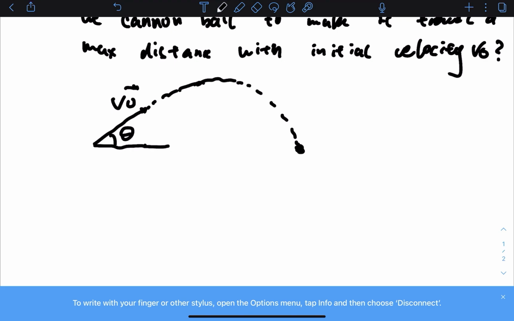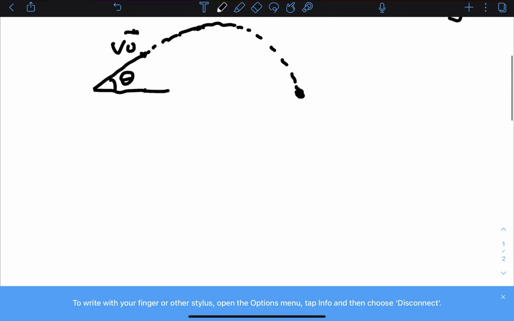The equation governing the motion of this cannonball is the following. It has two components, so it's a two-dimensional motion. In the x direction, it's moving with a constant velocity, but in the y direction, it's moving in free fall. Only gravitational force is acting on it.